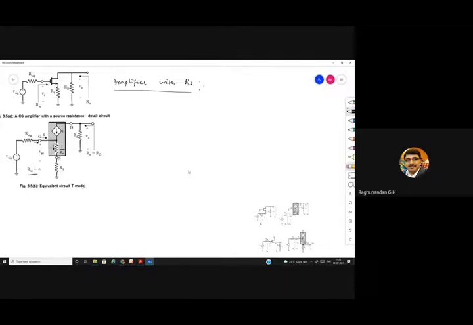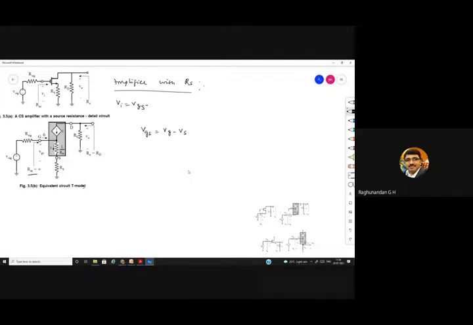In the last case, we considered Vi equal to VGS, but here we cannot consider Vi equal to VGS directly, because VGS here is VG minus VS. On looking at this circuit, is VS equal to 0?